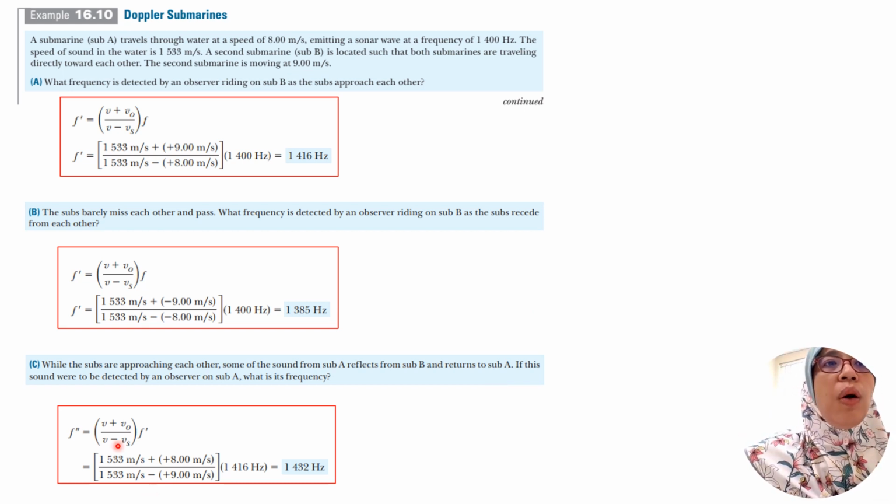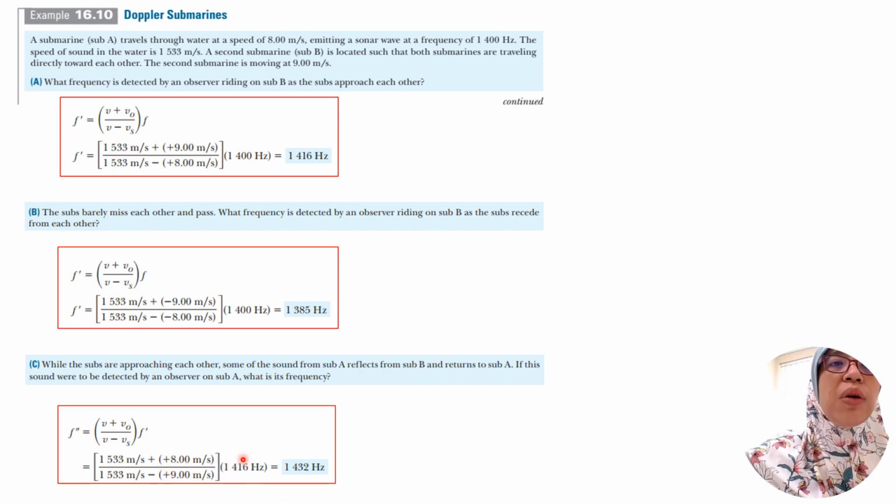Right. So observe how we first consider the direction. Since they both move towards one another, of course they are positive. However, the observer is no longer sub B. It is A. That's why 8 meters per second is considered as the observer. Sub A is now the observer and sub B is the source.